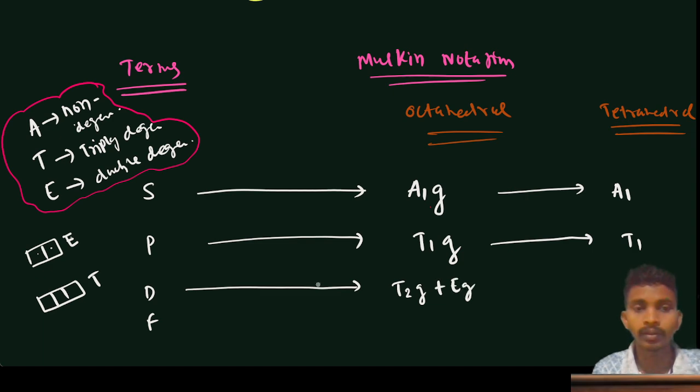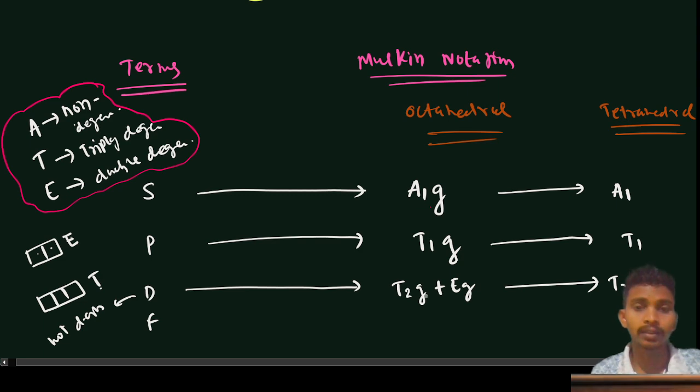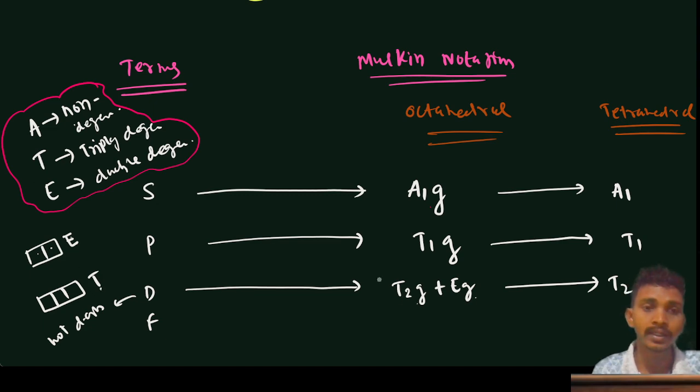And for tetrahedral, that is T2 plus E. Note that here I am not talking about d orbitals themselves; we are mainly discussing transition metal complexes, and T2g is due to this and Eg is due to this.